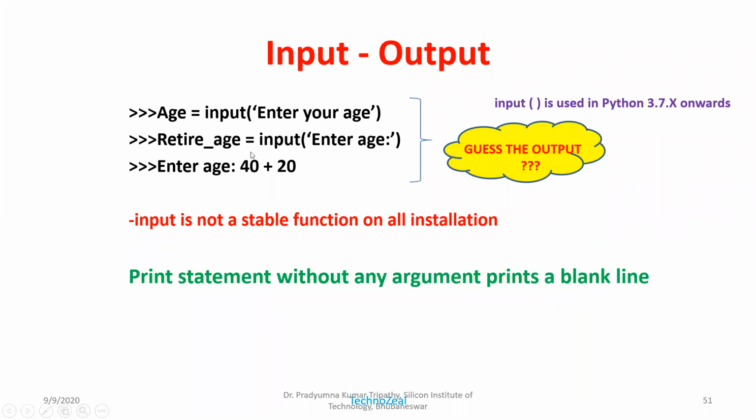Here, you see, I have not used the typecast. So that means I am inputting a string. In the string form, I can write 40 plus 20 as a string that can be inputted, but we cannot have a mathematical operation over here. It will be treated like a string only.